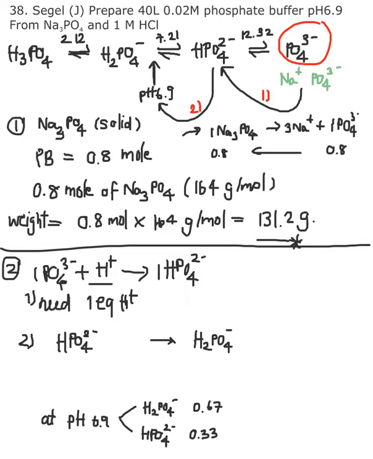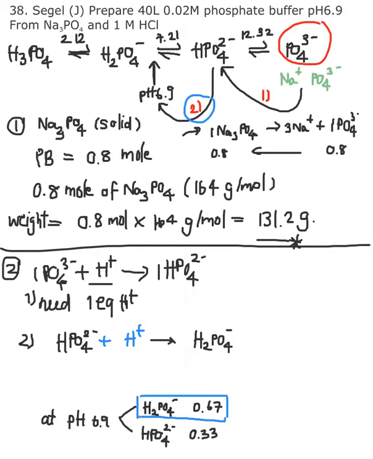At step 2, we're starting from one equivalence of HPO4 2-, and you have to calculate the amount of proton to add in order to make H2PO4- 0.67 equivalents.